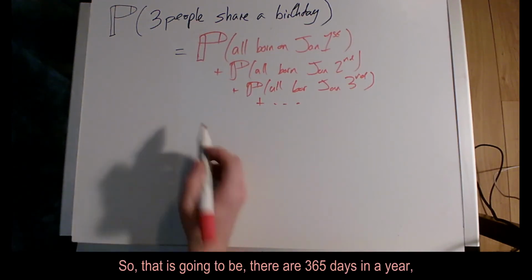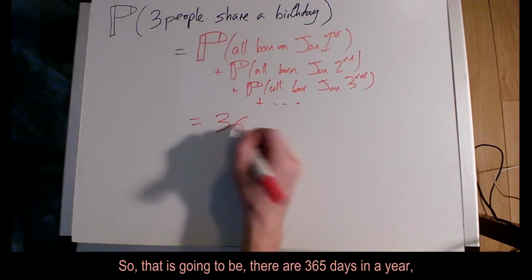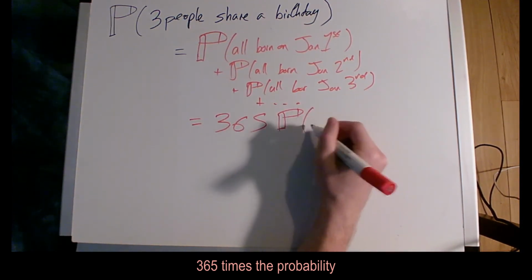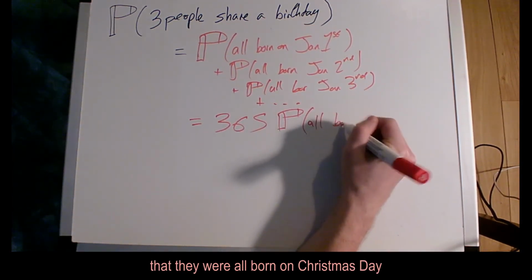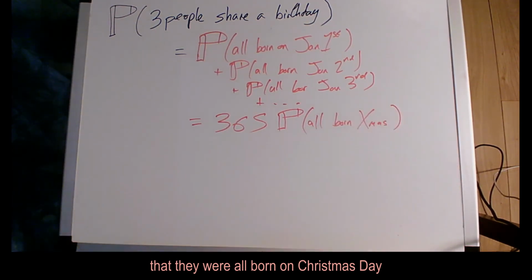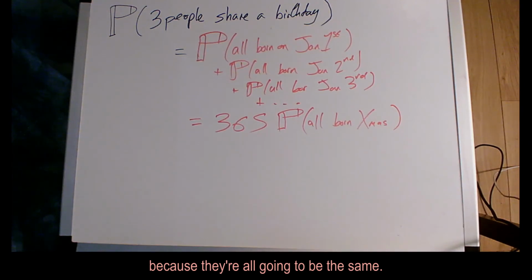So that is going to be, there are 365 days in a year, 365 times the probability that they were all born on Christmas Day, or all born on the 3rd of February, or all born on April 27th, because they're all going to be the same.